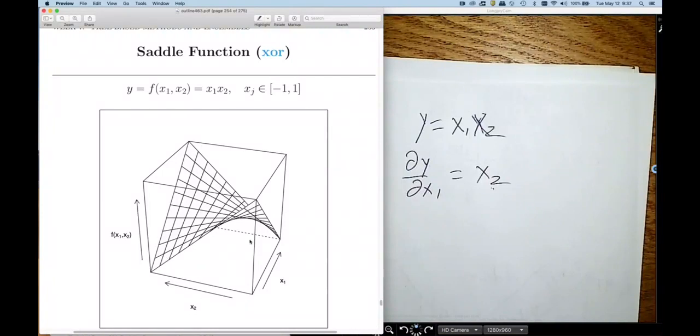When x2 is negative, you have a decreasing relationship with y. And when x2 is 0, there's no relationship between x1 and y. Okay, so the point is, this is a very complicated function because the effect of some x1 on y depends on the value of the other variable. And so that's an interaction.